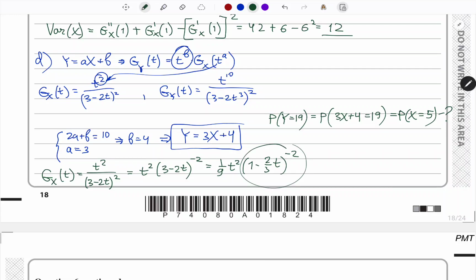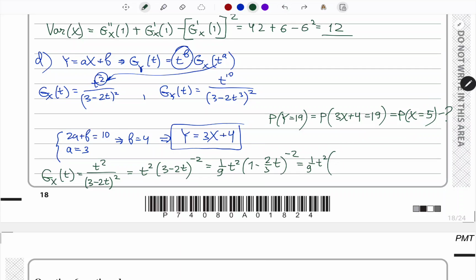Then I can apply the binomial expansion to this part. 1/9 of t squared remains the same. I have to open the brackets until I get the t cubed term, because then multiplied by t squared, it will give you t to the power of 5, and the t to the power of 5 coefficient will be exactly the probability that x equals 5.